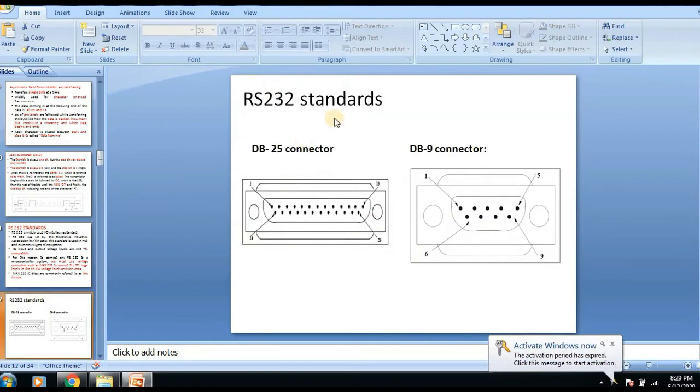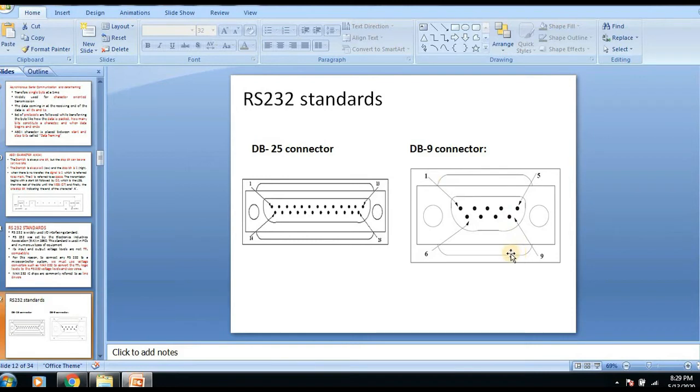In RS-232, earlier we had a DB25 connector. This IO interfacing standard has 25 pins, but many of the pins are unused. So that's why the DB9 connector was later invented, which has a total of 9 pins.